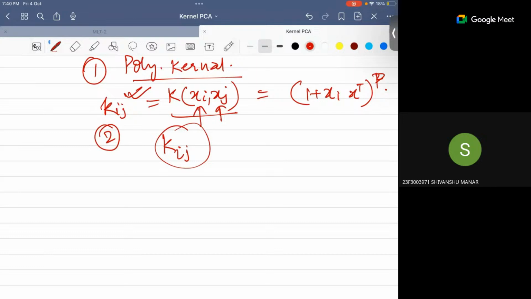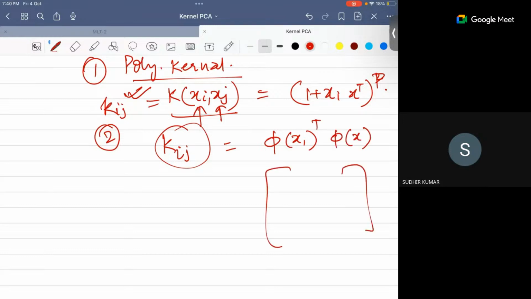So you'll be able to calculate all the values. This K_ij is phi of xi transpose phi of xj. If you write it in the form of matrices, the ith jth value gives you the similarity between phi of xi and phi of xj, correct? Yes, sir.